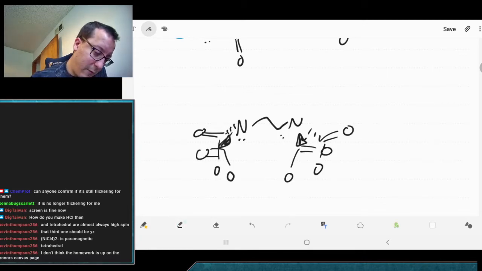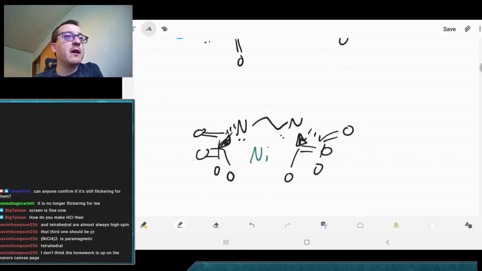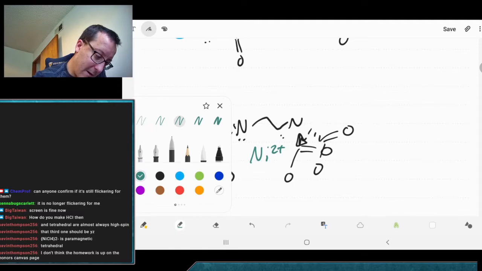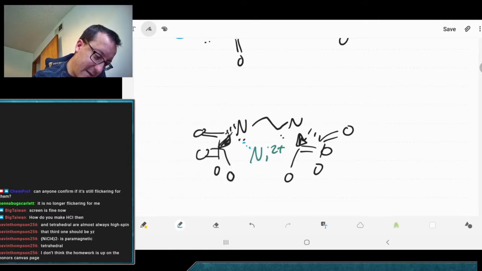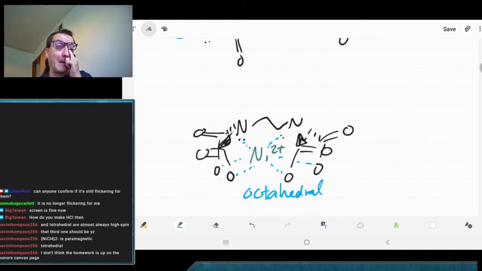Okay, so if you think of your happy nickel or whatever you have going on in here, you can make dative bonds in a nice octahedral manner with just one molecule.